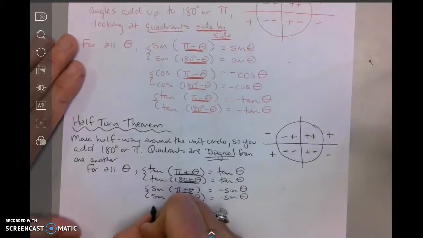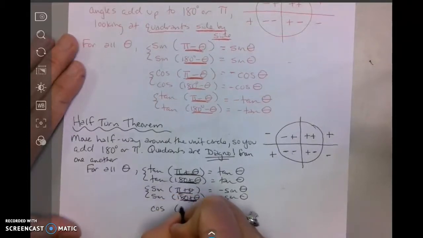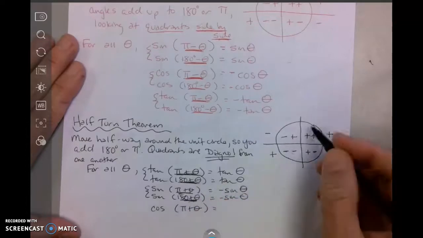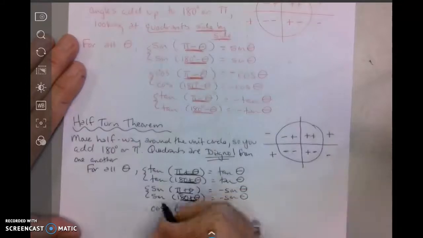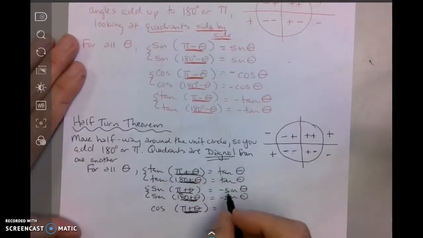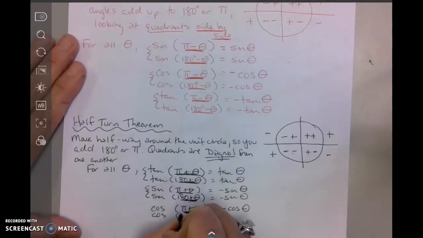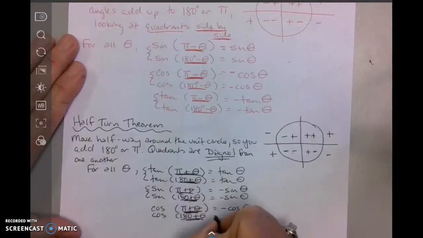And then I have the cosine of pi plus theta. Cosine is my x-coordinate, positive, then negative, because I'm moving diagonal. So it's the opposite of cosine of theta. I could have also written cosine of 180 plus theta. Either way.